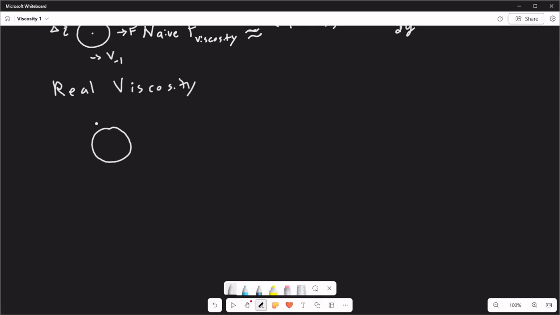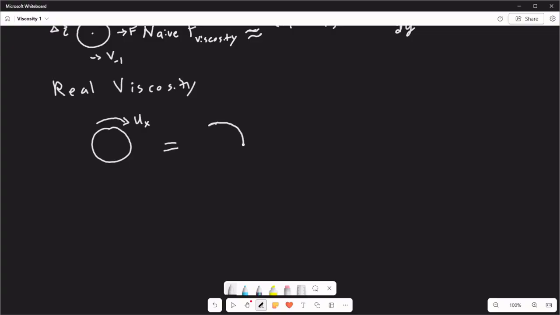It has some sort of velocity. I'm going to go back to using u, assume it's mostly in the x direction. And what this actually looks like is it could be broken down into two types of components.